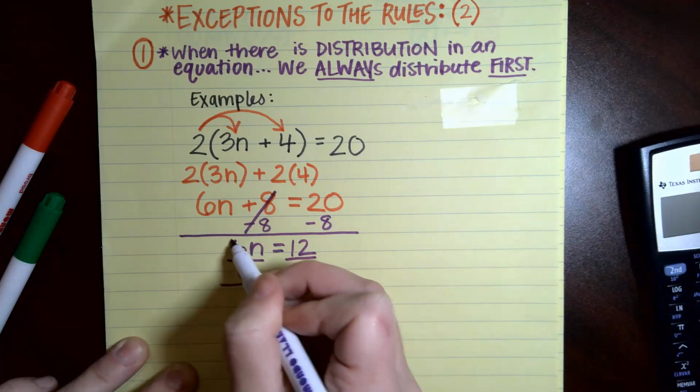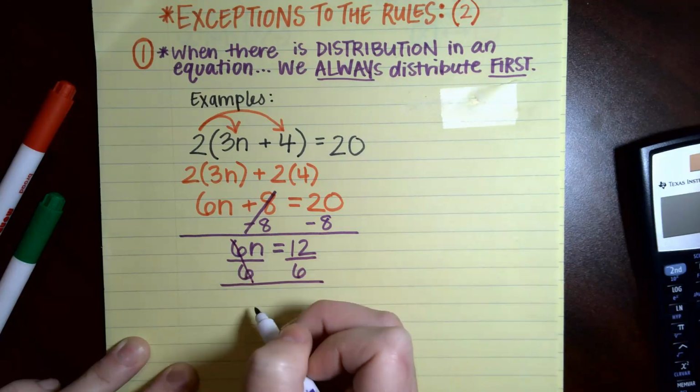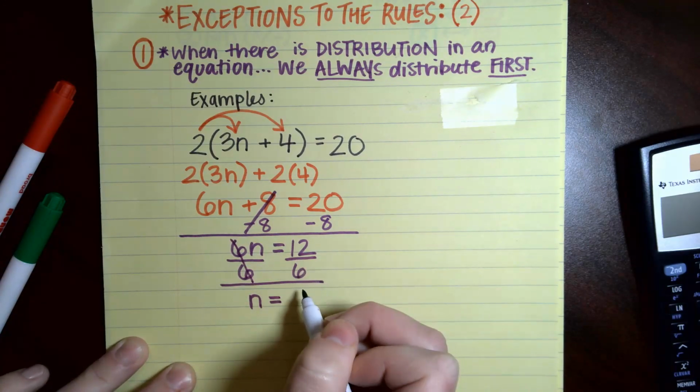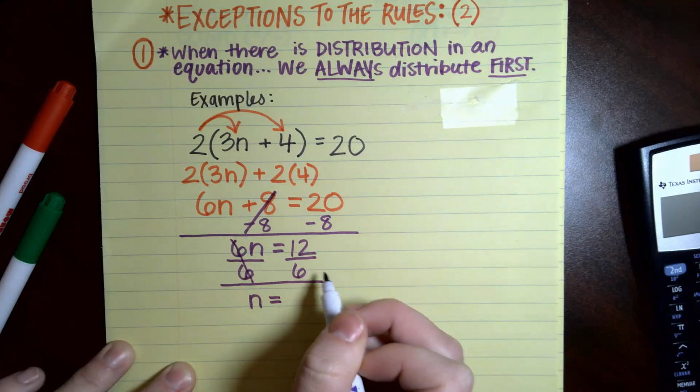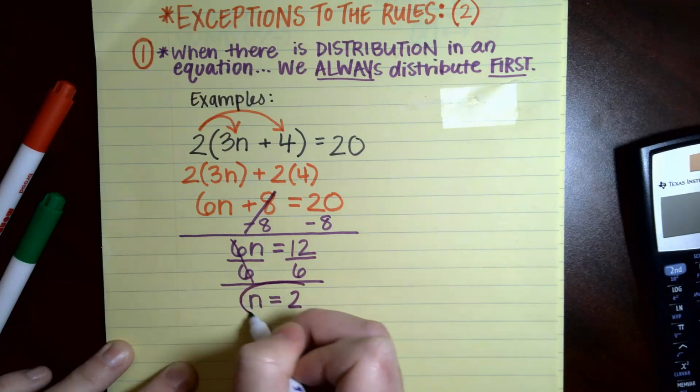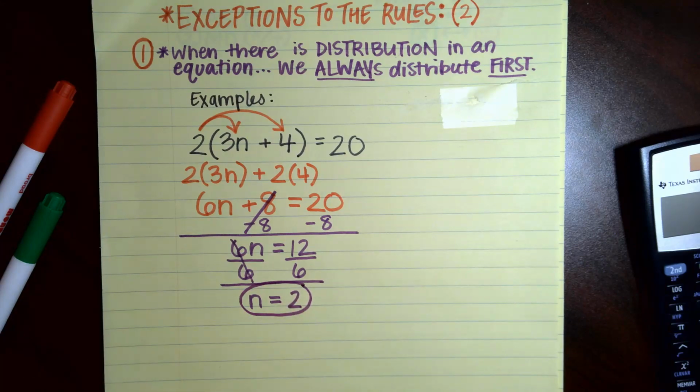My 6's cancel. I've got n equals 12 divided by 6, which is 2. n equals 2. All right, guys. Looks a little scary, but it's not so bad. We're just doing one extra step here. Just one little baby extra step.